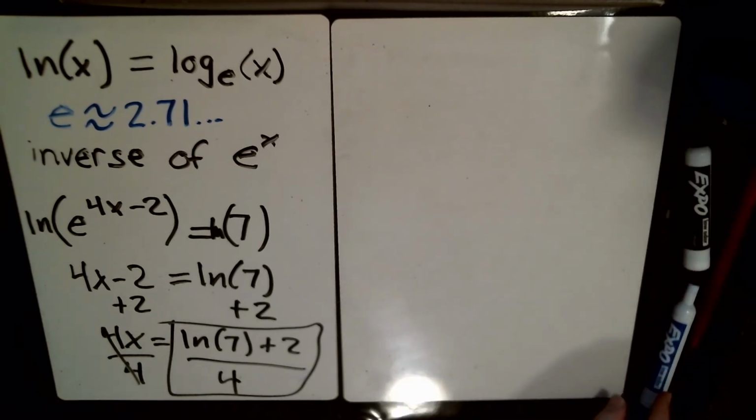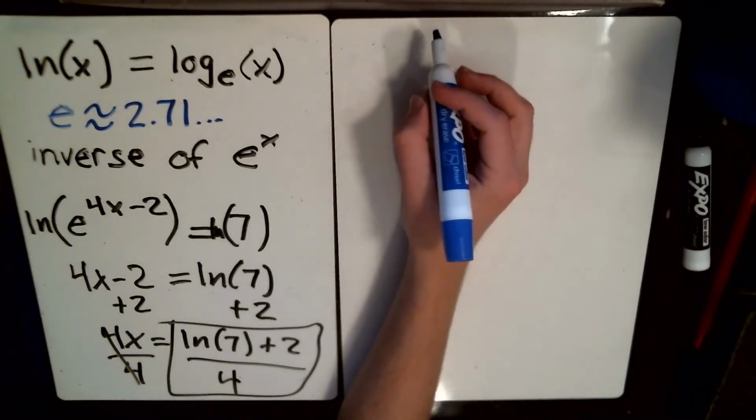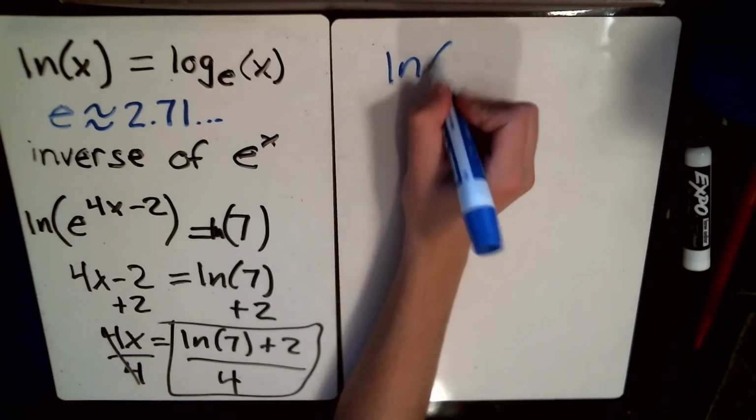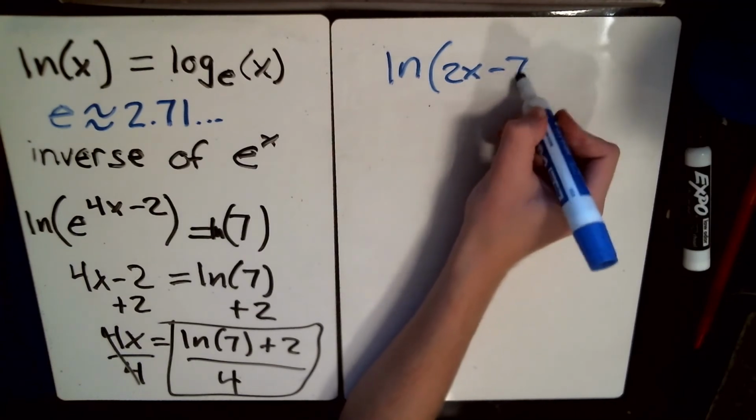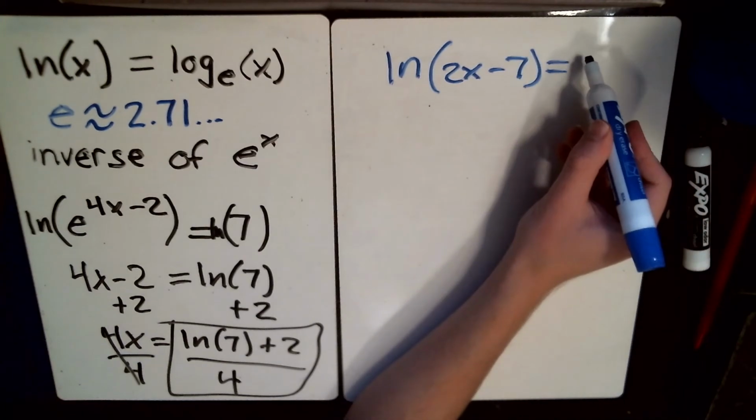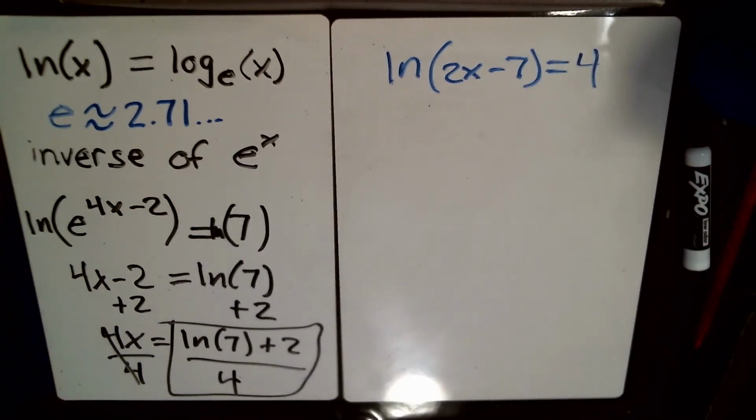And so if, for instance, you had an equation with ln in it, like ln of 2x minus 7 is equal to 4, you're going to use e to solve for x. How do you get rid of that ln? Well, you get rid of it with an e.